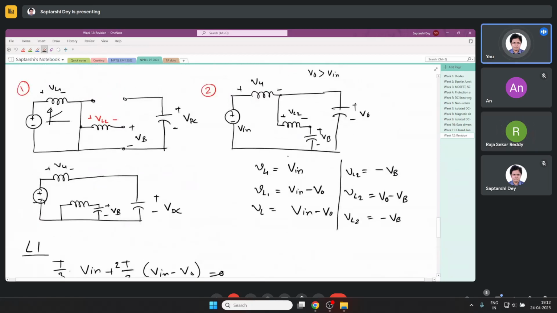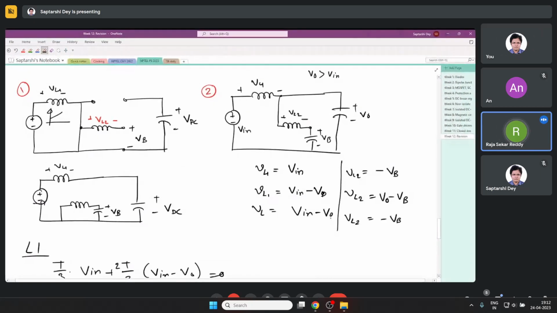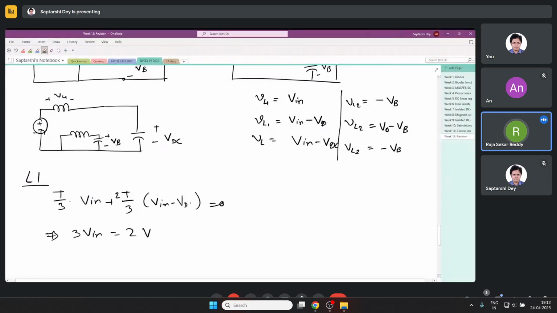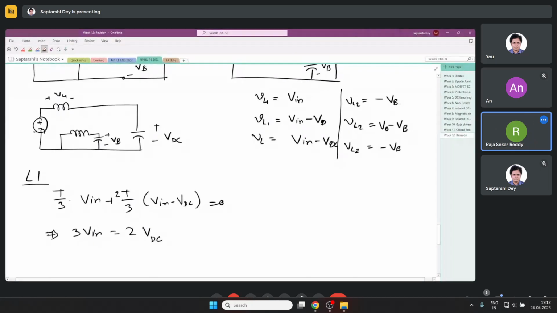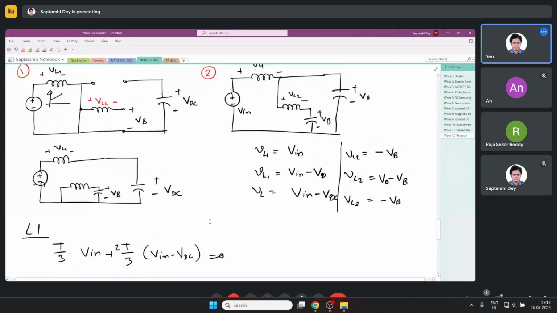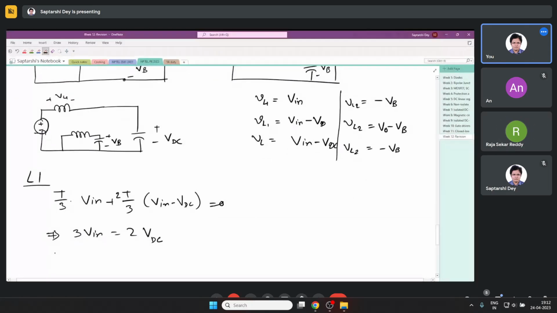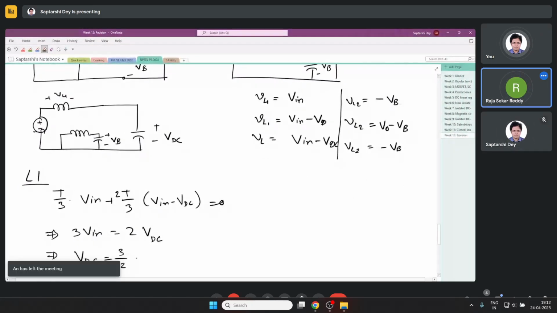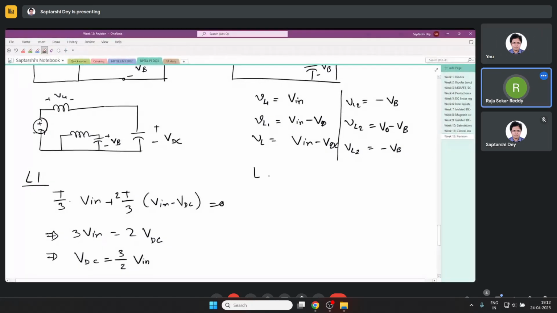Oh, I was writing VDC as V naught everywhere. So 3 V in is 2 VDC. So VDC is 3 by 2 V in. See what I said? It will be more than V in. It looks like a boost converter. That's why I guessed it.